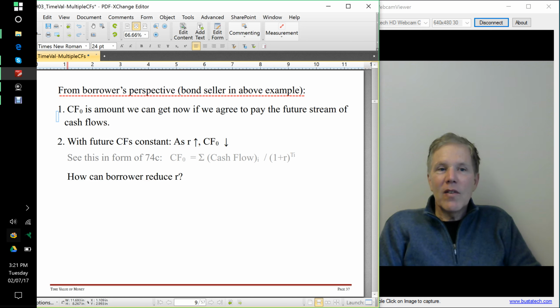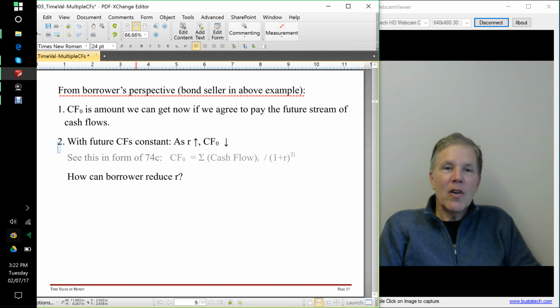So in this case, it's maybe good to think about what happens if the future cash flows are constant. Because typically what you do if you are a borrower, you think about how much can I pay back every year without going bankrupt. And you set that as a maximum. So that's what your cash flows are going to be here.